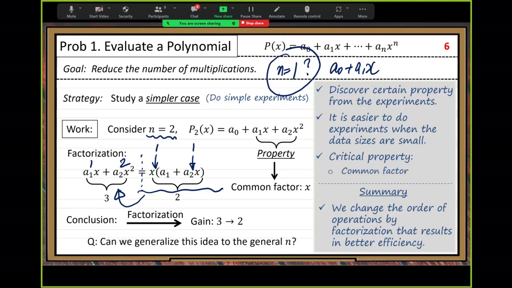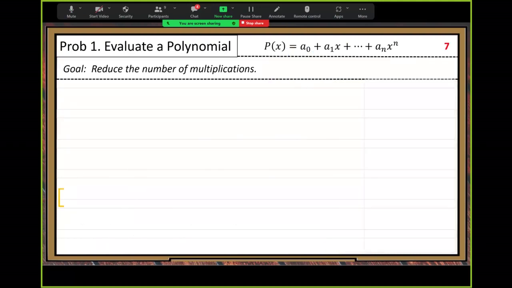Question: can we generalize this idea to the general N? This is just our first experiment. Our goal is to get a result for the general N. So let's continue our work.